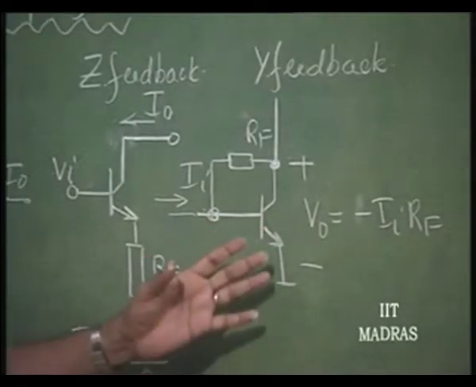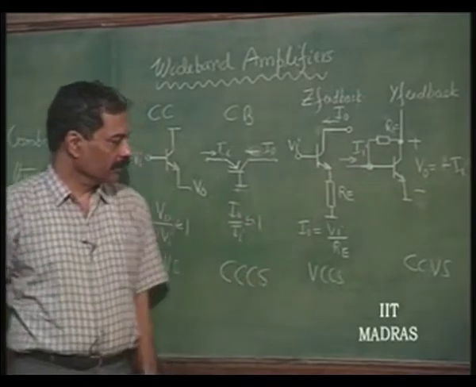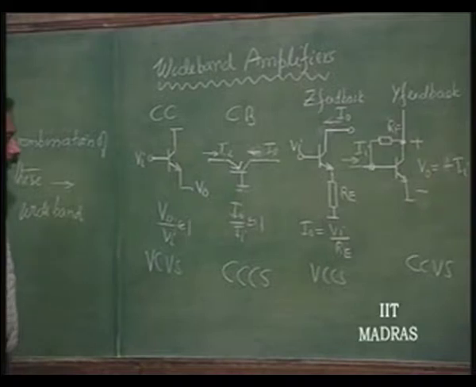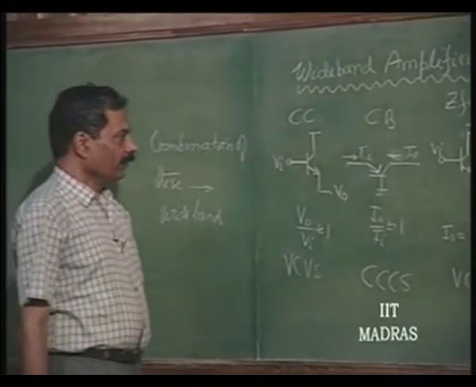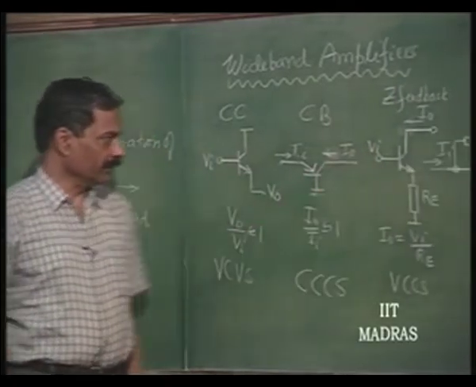If I want a current controlled current source, I combine this with this. I put this first and next. So, I can therefore build up wideband structures by combining any one of these suitably.